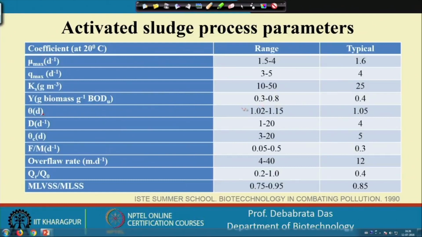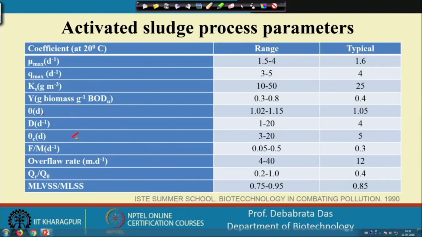The hydraulic detention time is 1.02 to 1.15, D is the dilution rate, which is coming around 1 to 220. Then theta c is the solid detention time.